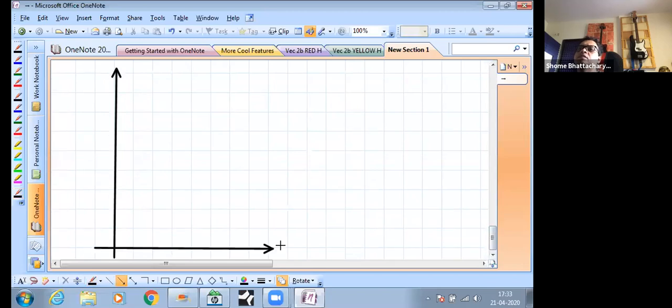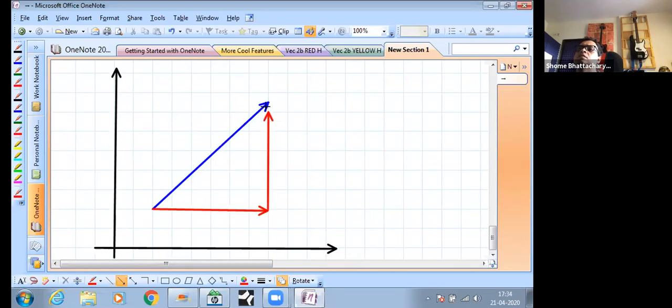Because the components of the vector and the vector itself, as you can see, they form a right angle triangle. So again, it doesn't matter whether I draw the vector A from the origin. I can draw it from anywhere, it doesn't matter. But if I just now draw a vector like this and draw another vector like this, so you can see that this is nothing but Ax.